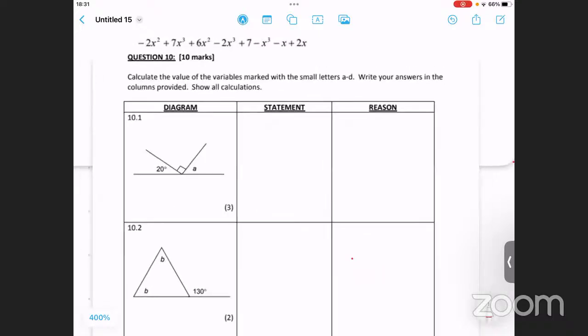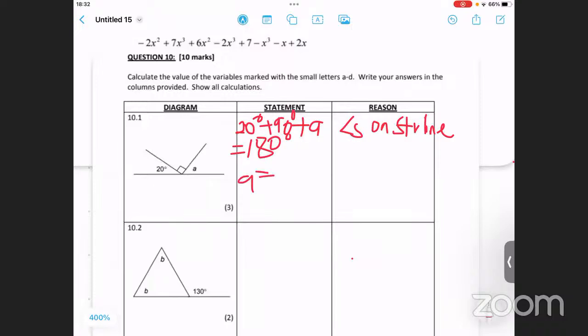Yes, ma'am. Perfect. So you're saying 20 degrees plus 90 plus A is equal to 180 degrees, and to say angles on a straight line. And how much is the value of A? Ma'am, A is 70 degrees. A is 70 degrees. Perfect.